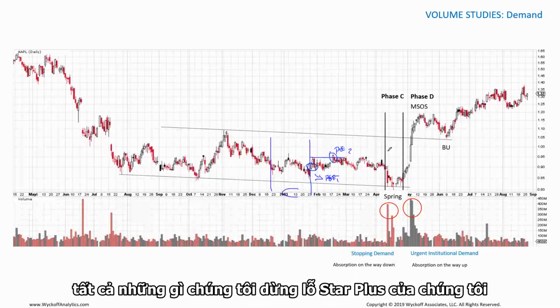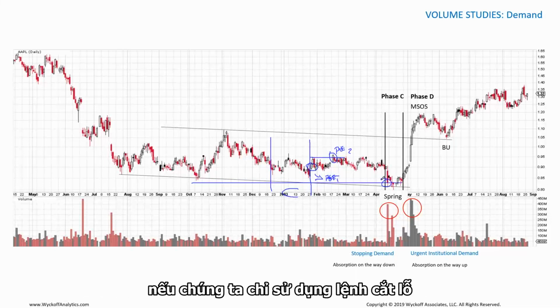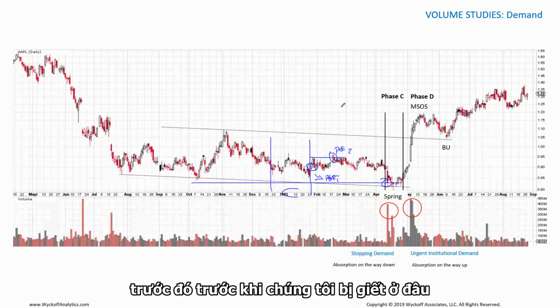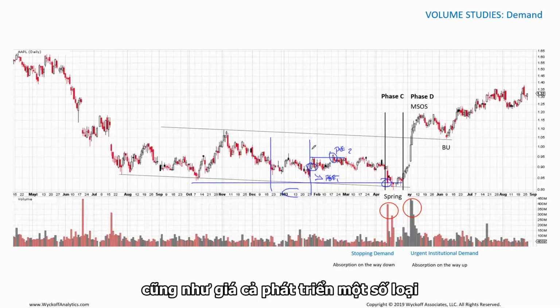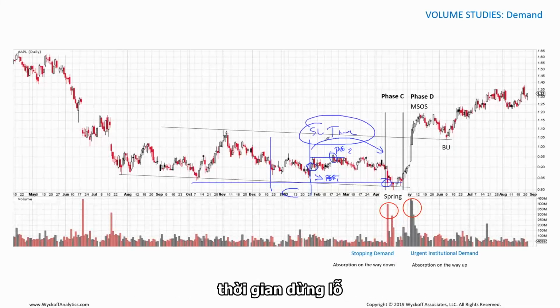Well, first of all, where is our stop loss? Our stop loss is going to be somewhere here, right? So we would be hit if we're just using the stop loss. We probably would be thinking more of getting out of this position even earlier before we are being hit. Where? Well, as the price develops some kind of structure and there is an element of a time stop loss.